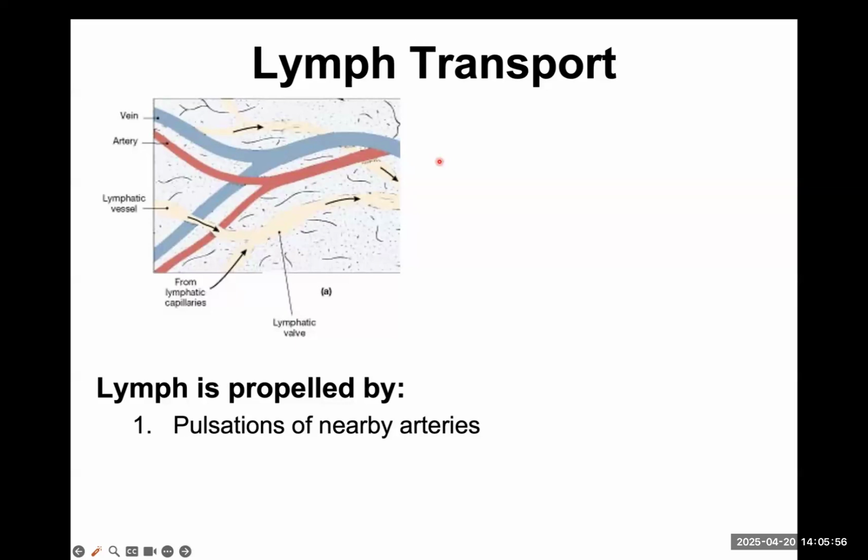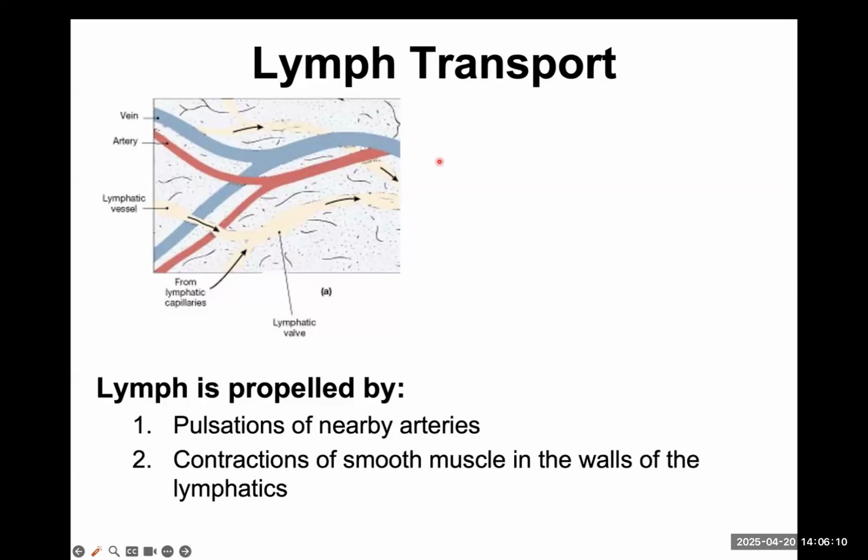Okay, so as I mentioned before, there are valves. For the same reason, the veins have valves. The blood in veins is moved by contractions of your muscles and arteries. The same thing happens with the lymphatic vessels. You've got lymphatic vessels with valves. Whenever your muscles contract or whenever your aorta expands, that's going to push against the lymphatic vessel and propel the lymph in one direction.